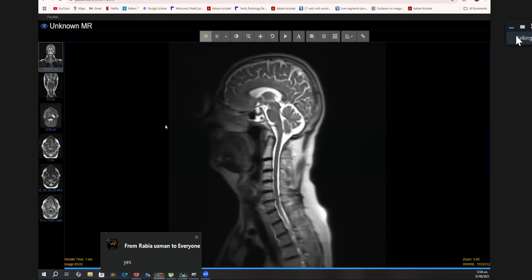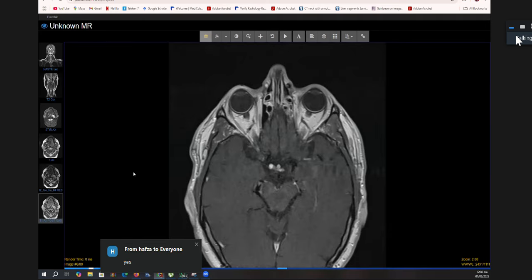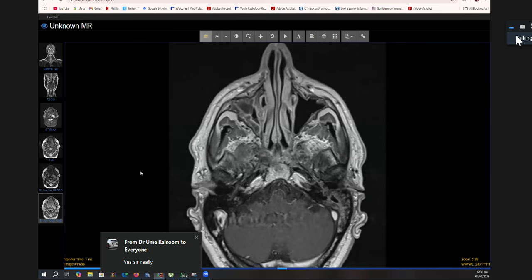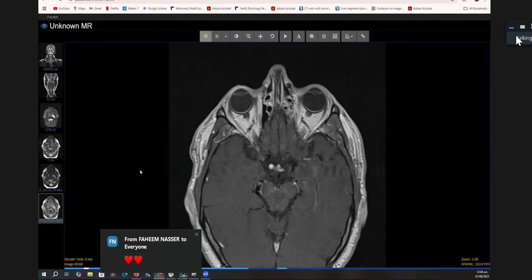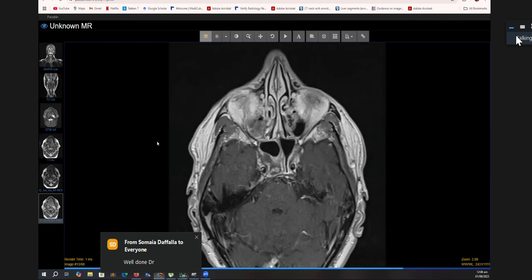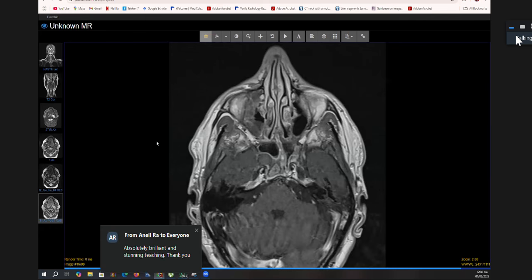Okay, what I want you to do is go to the very last thumbnail, where it's gadolinium on board. Those of you at home will have some time to have a look through all the images, but this particular image, the T1 with gadolinium, really gives you the diagnosis. What I want you to do is have a look at the skull base with gadolinium.